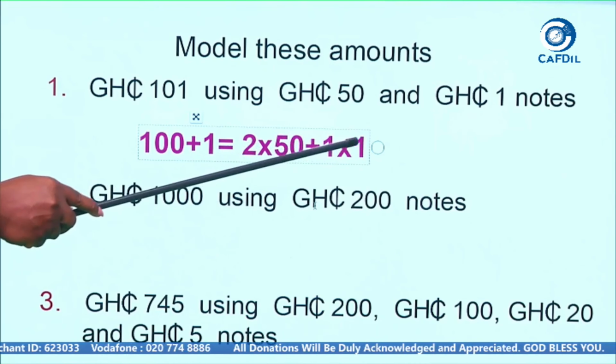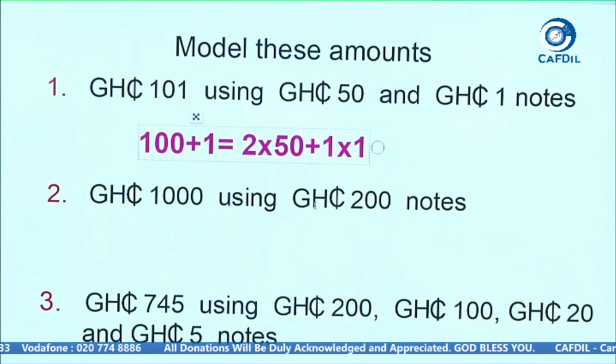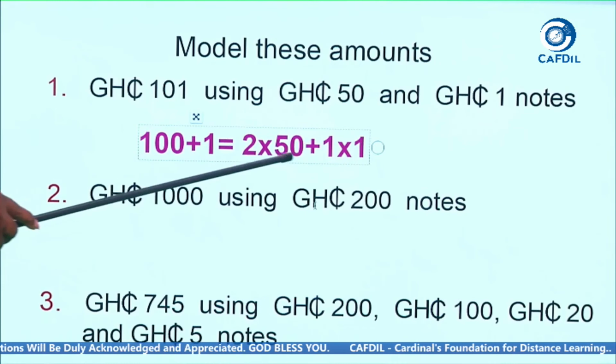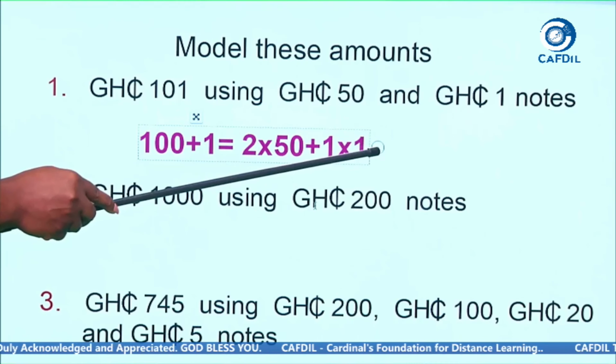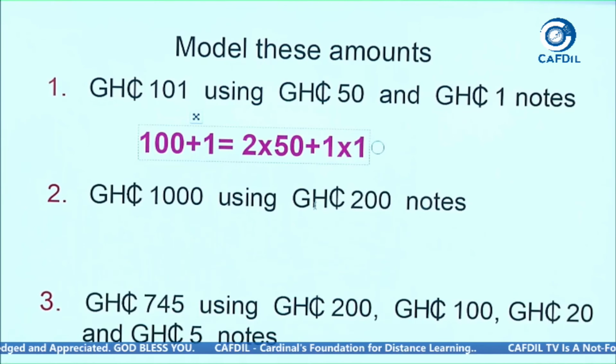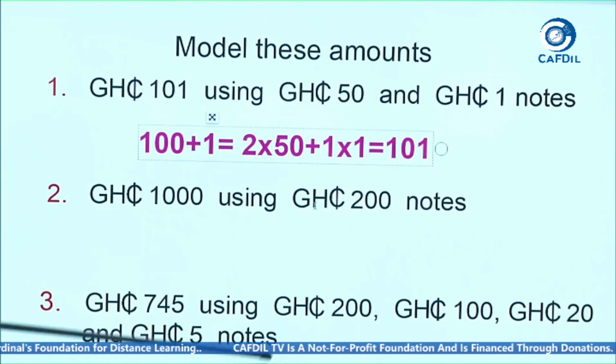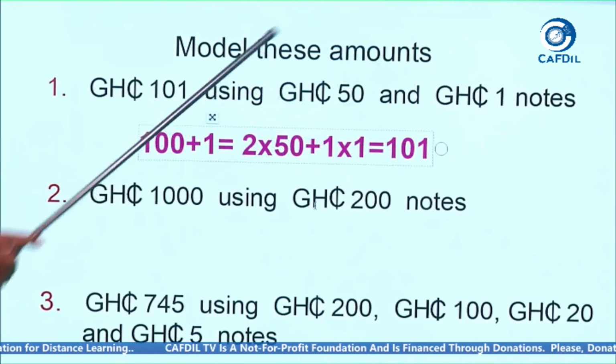So 1 times 1 Ghana cedis. And this will give us 101 Ghana cedis. So the whole of this is equal to 101 Ghana cedis. Let's remember to bring our cedi sign.